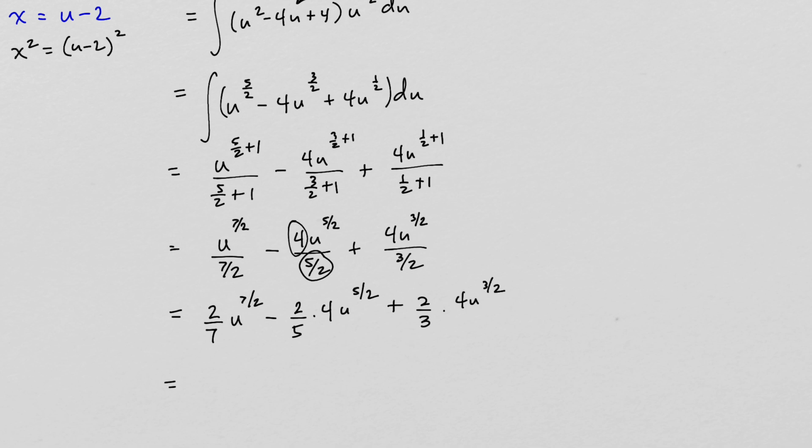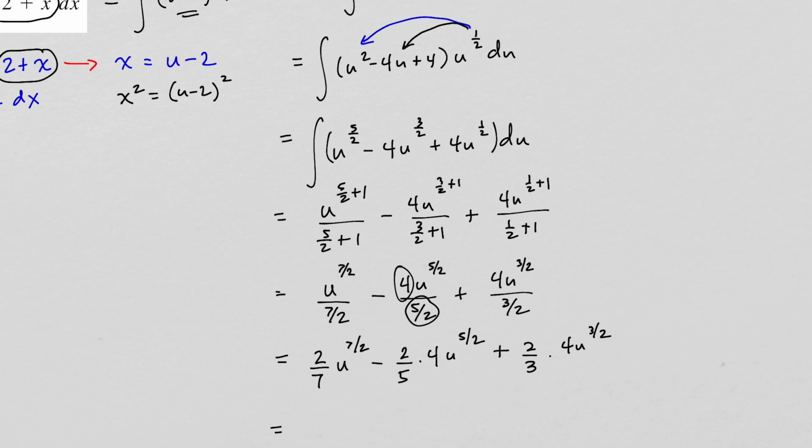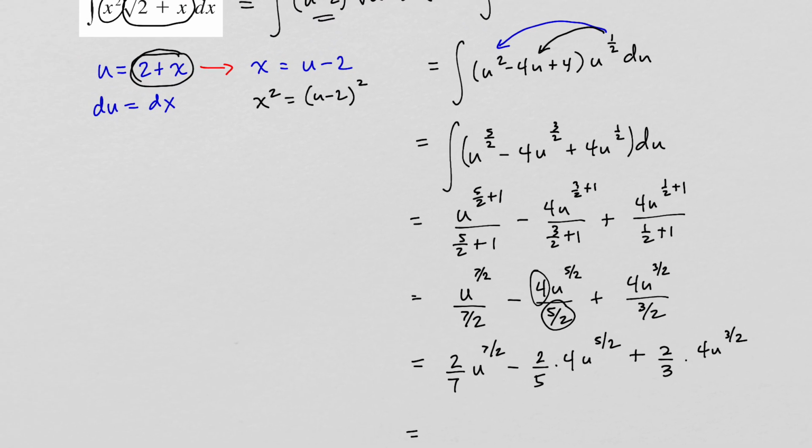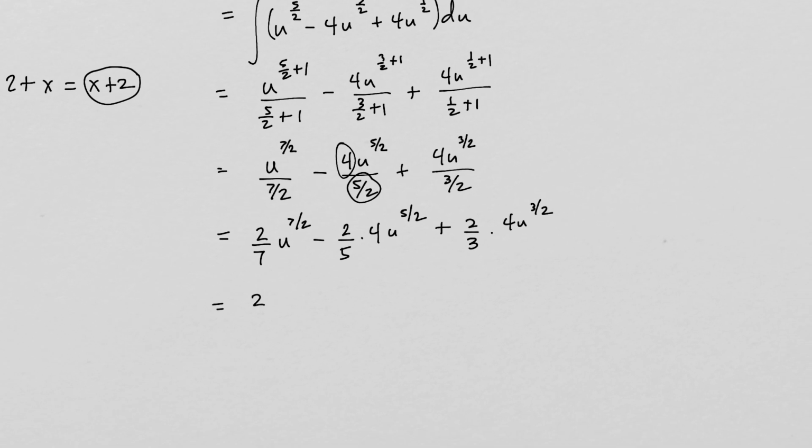And then we're going to plug our u back in. So let's remember that u, where is it at? Here it is. U was 2 plus x. Now, if u is 2 plus x, you can also write that as x plus 2. To be honest with you, I prefer to write it as x plus 2. So this is 2/7 x plus 2 to the 7/2 minus, let's multiply these.